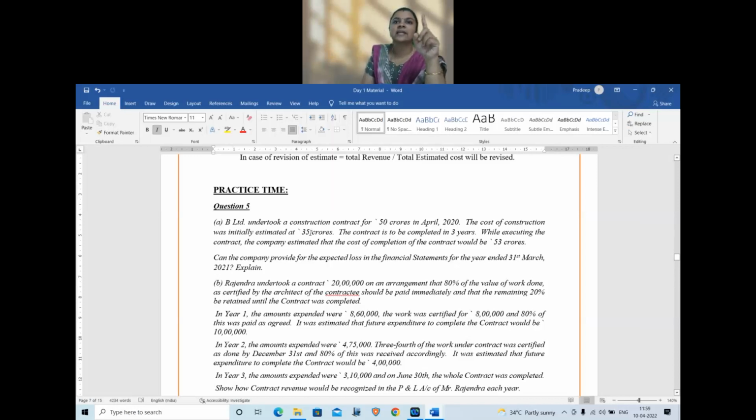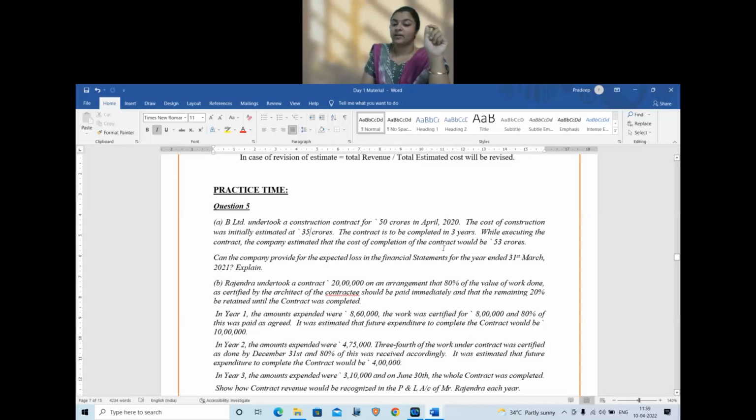You can only add actual plus estimate. Actual till date plus estimate for the future. Two estimates cannot be directly added. Estimate is subject to change. Okay? So, initially estimated as 35 crores is not relevant for us. What is relevant here? The cost of completion is 53 crores. So, total estimated cost is 53 crores.